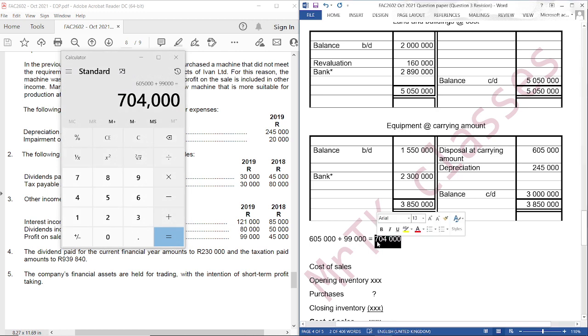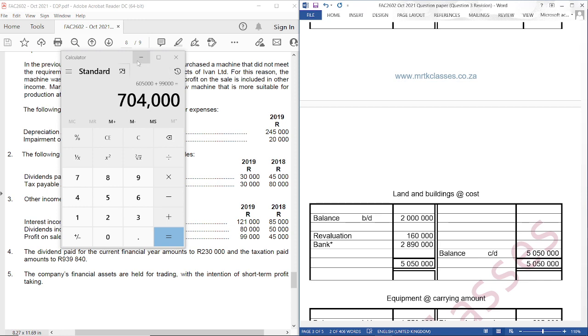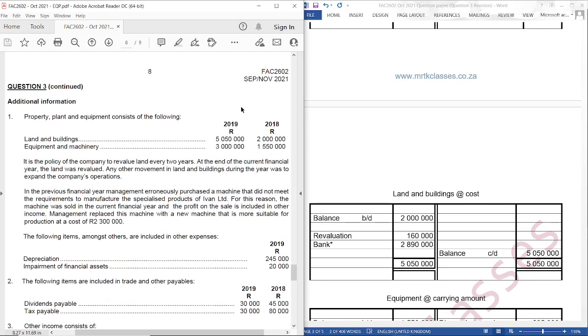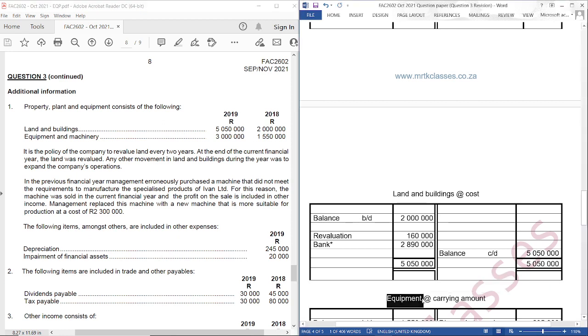So this is proceeds on disposal of equipment and machinery.